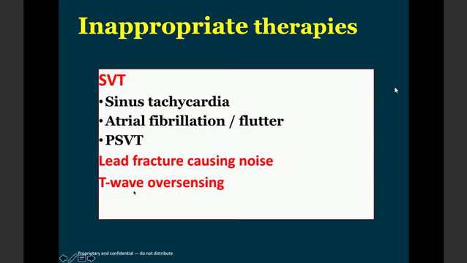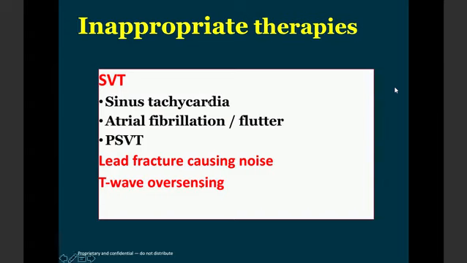And of course T wave oversensing. Let us say the QRS, the R wave is counted as one activity and the subsequent T is also counted as another activity. So for every ventricular depolarization, two signals are counted. So if the ventricular rate is 90, it will be perceived as 180. We call it T wave oversensing.